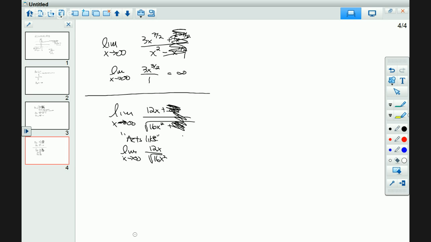It acts like it. We're just thinking logically here, not quite formal mathematical. What's the square root of 16x squared? 4x. So we have 12x over 4x, right? Which is? So that's when you have exponents that match, is when you get a number out of it. Because they just eliminate each other. They both go over really big, so basically you're not going to get one.